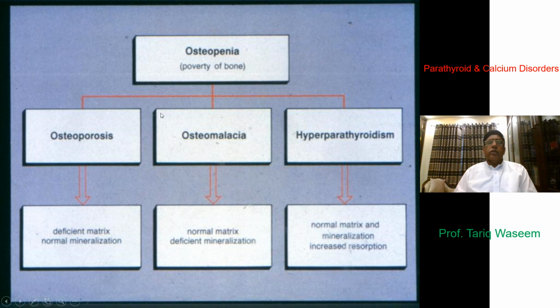Now this pillar can be weak if you have not had enough steel or iron or saria placed, and this would be a deficient matrix, and this deficient matrix would make the pillar vulnerable to break and fractures, and this is what osteoporosis is.